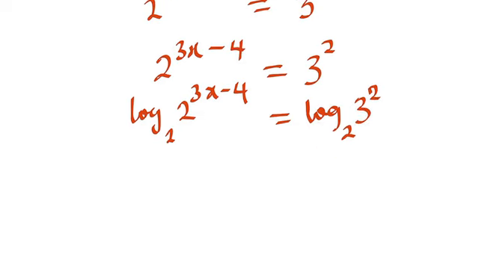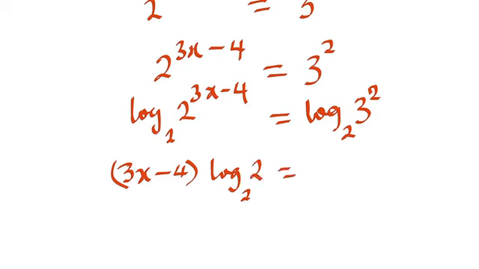Okay, so now from there, we are going to bring down the powers, multiplying by the entire logarithm. So we have 3x minus 4 multiplied by log base 2 of 2 equals 2 log base 2 of 3.